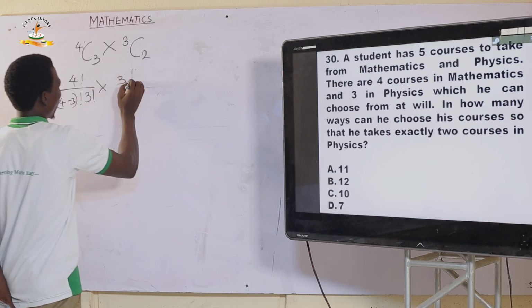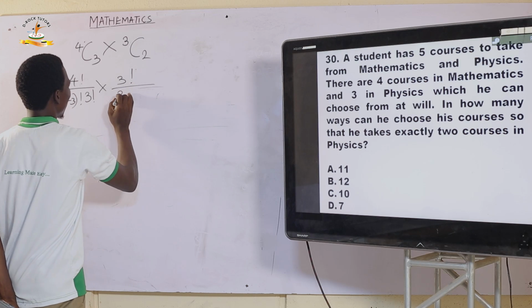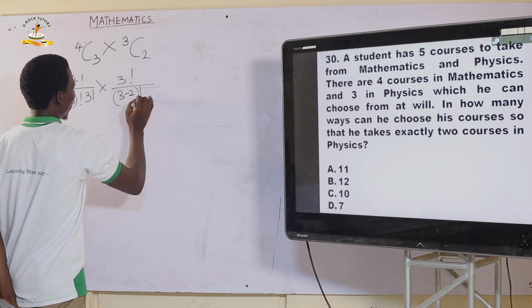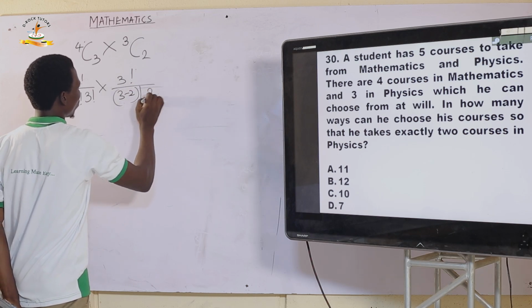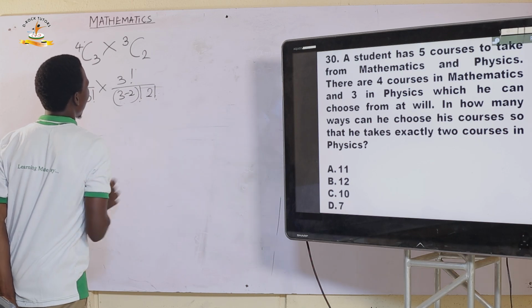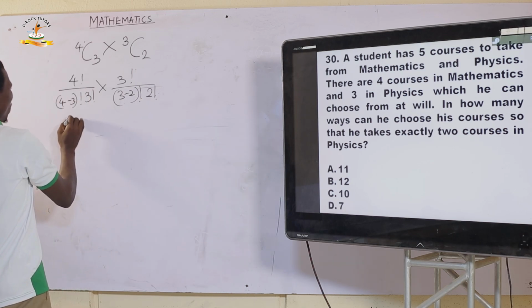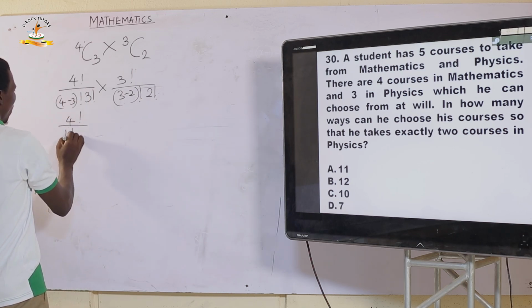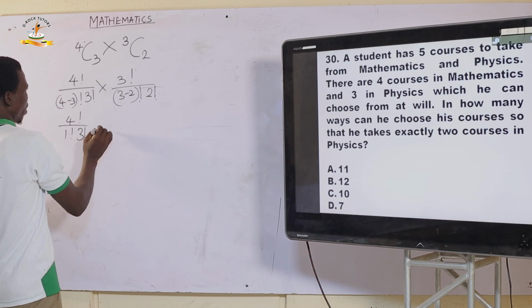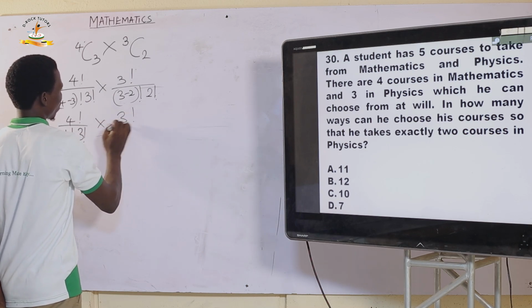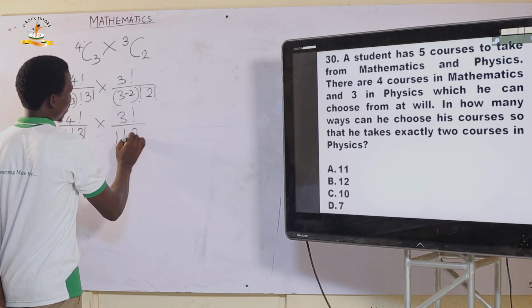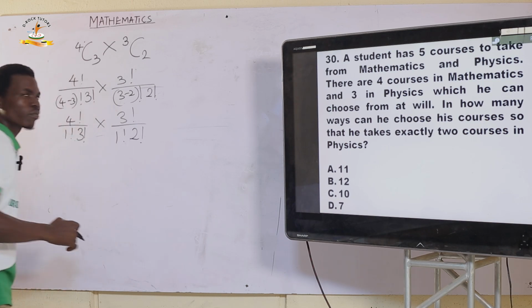Then here is going to be 3 factorial all over 3 minus 2 factorial, then 2 factorial. And here we're going to have it as 4 factorial over 1 factorial 3 factorial, multiplied by 3 factorial over 1 factorial 2 factorial.